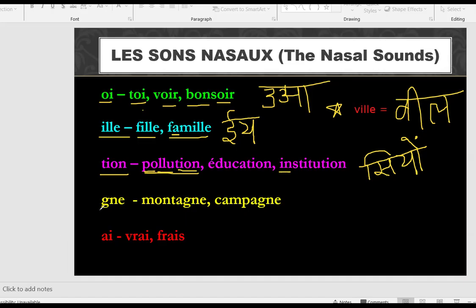Okay, the next sound is GNE. Its sound is nya, a half n and y. Basically GN and GNE make nya. So how do we read this? Montagne. Right, montagne.